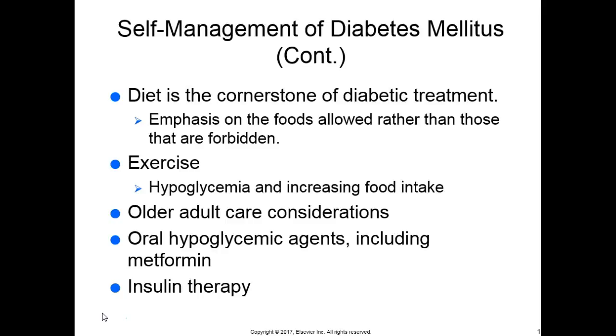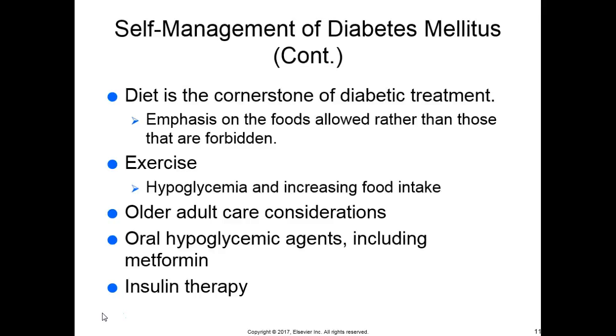If you look on page 865, there's a table 37-2 that lists all the oral hypoglycemic agents, where their site of action is, how they control blood glucoses, and their other considerations. I'm not going to get into the specific ones because you've already had the class in pharmacology, but definitely take a look at those, as it's important that you know the difference between the different types of oral hypoglycemics.